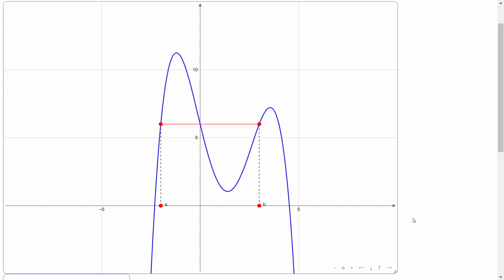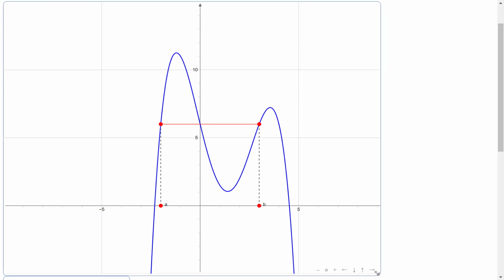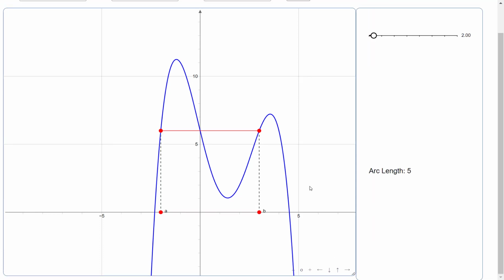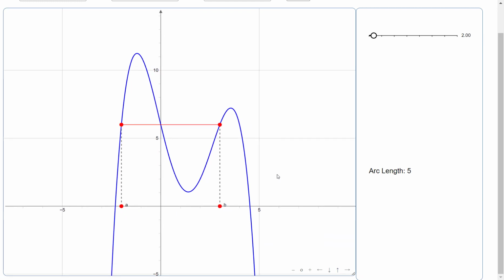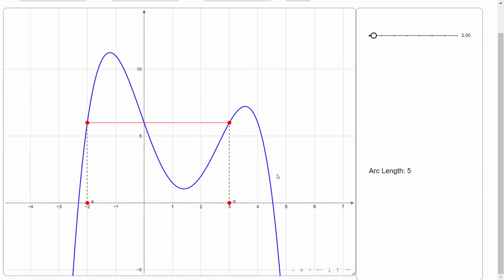All right, here I have a mathematical function, and I've plotted it here. It doesn't really matter what this function is, I just have a graph of it. And I want to figure out what the arc length is. And the arc length I'm defining as the distance along the curve from one point to the next.